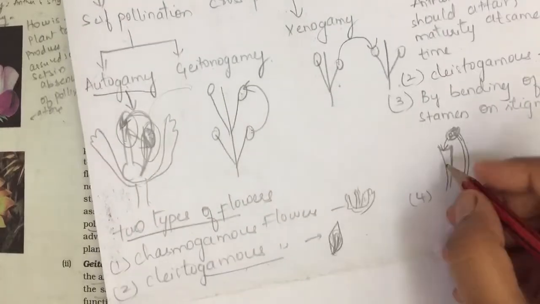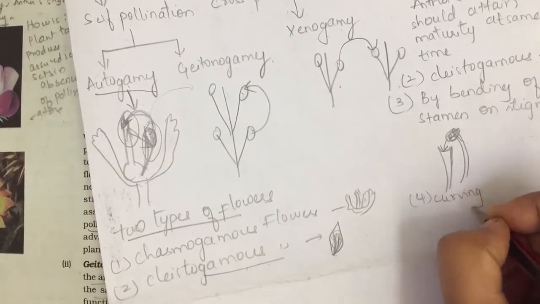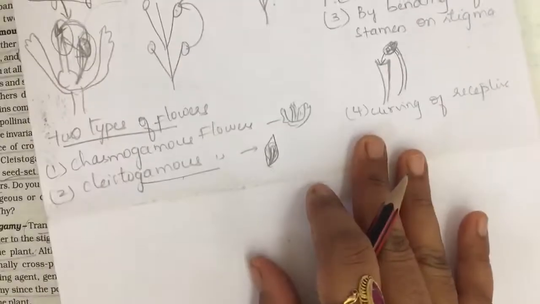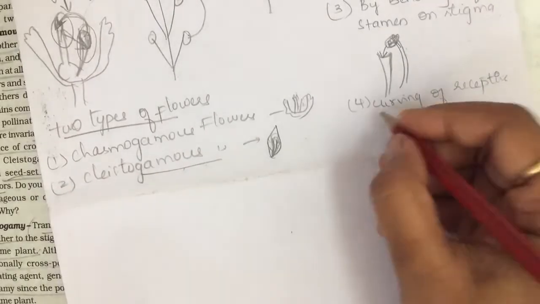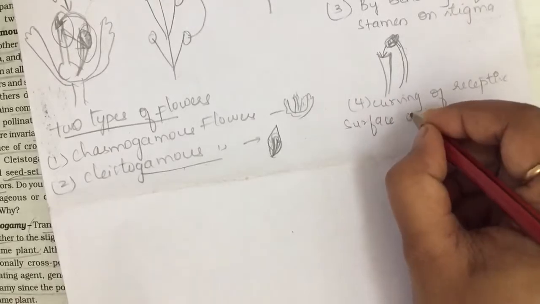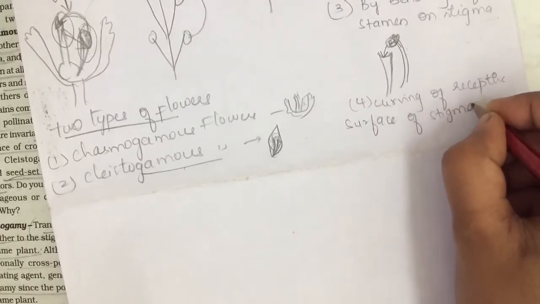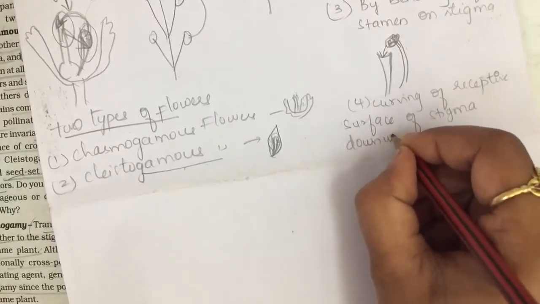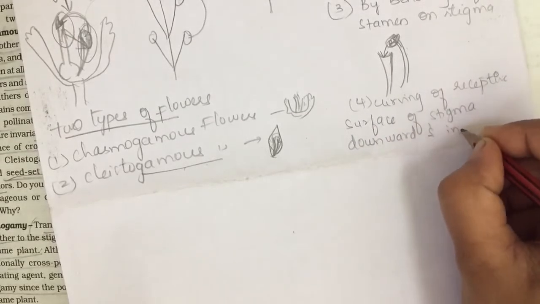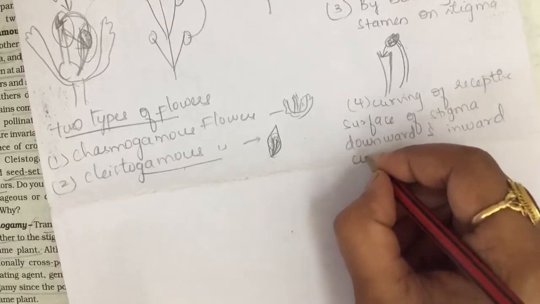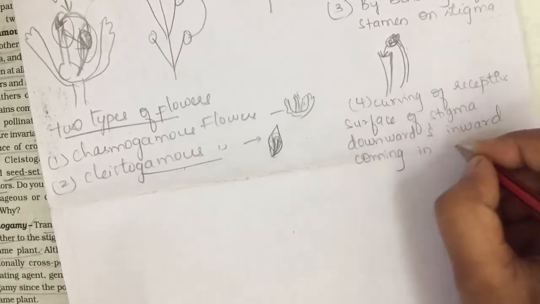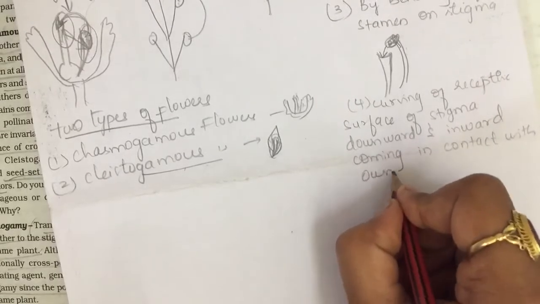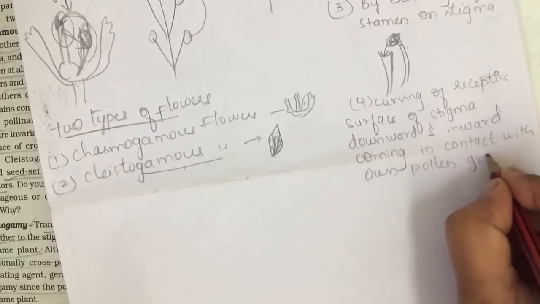Next, fourth one, curving of receptive surface of stigma downward and inward, coming in contact with own pollen grain.